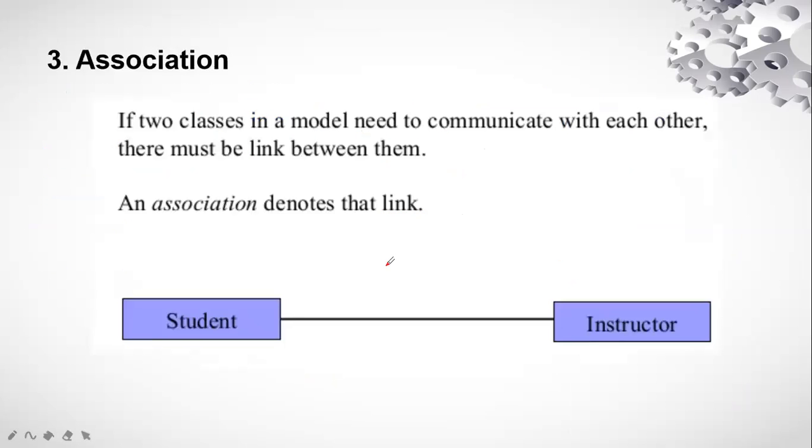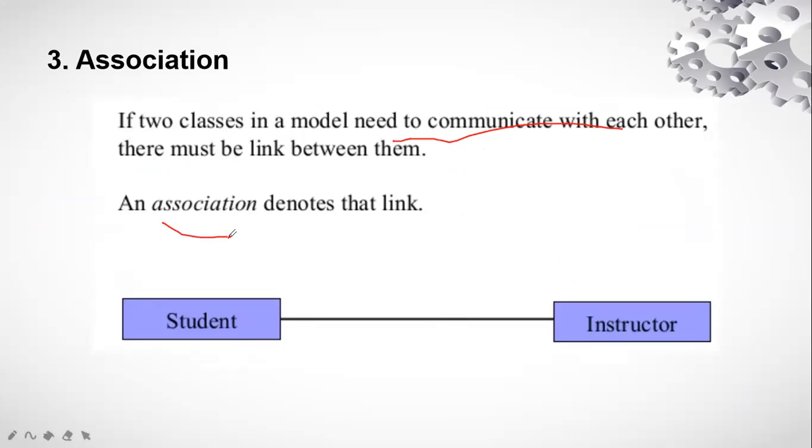Third one is the association. What does association mean? Association is whenever there is a link between two classes, whenever there is a communication point. When we say link, it means that these two are communicating with each other. So if two classes in a model need to communicate with each other, there must be a link between them, obviously.